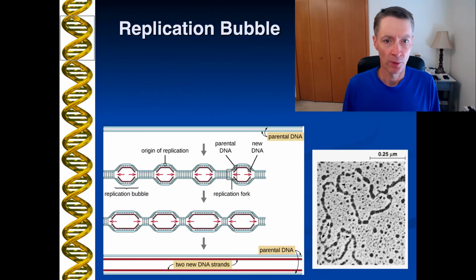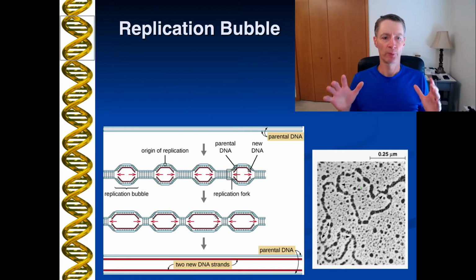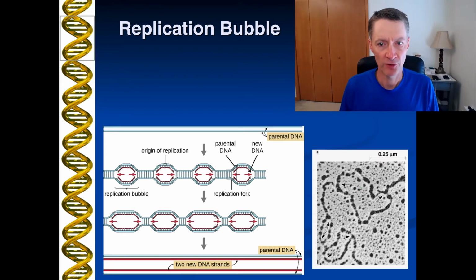All right, so here we have what it might look like if we zoom out a little bit, okay? So here we have a parent strand, parent DNA here. We've got several locations where the DNA has been broken apart, right? There's 4 different locations in this particular image.